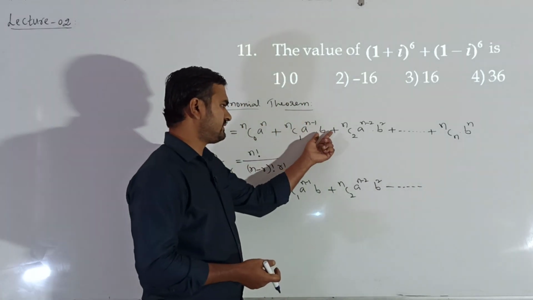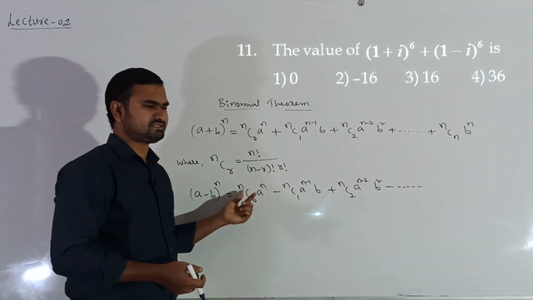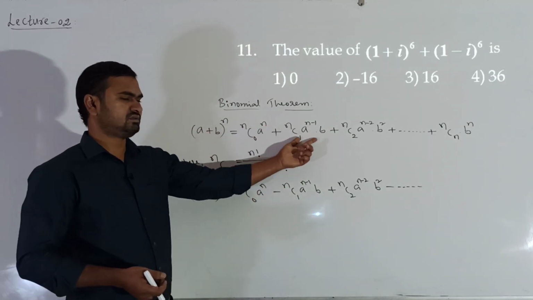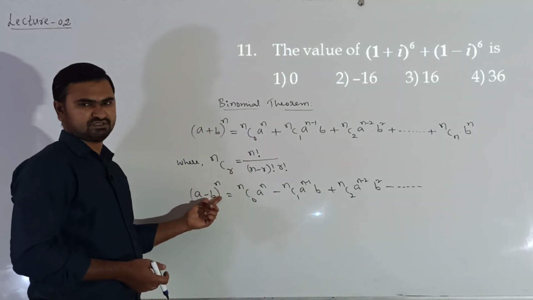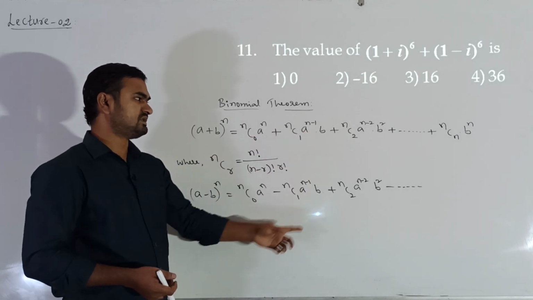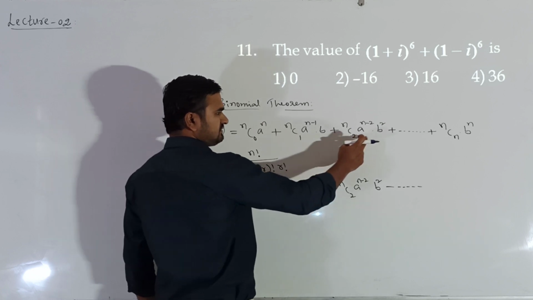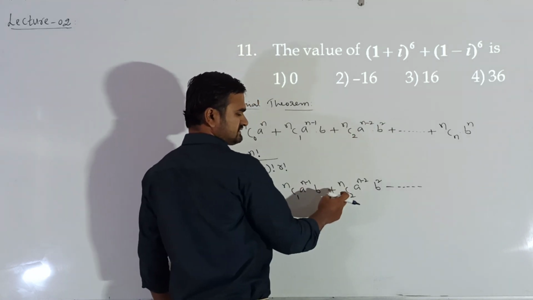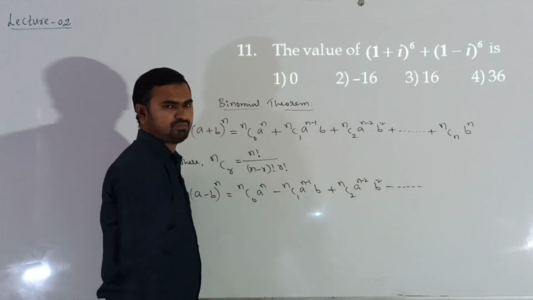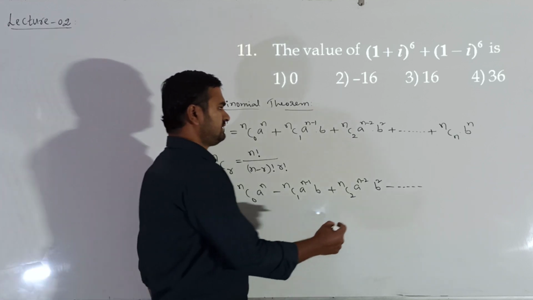We are just replacing plus b with minus b. Minus b into plus becomes minus, and minus b whole square becomes plus. So alternately we will get positive and negative terms.